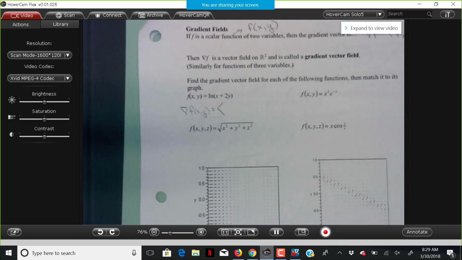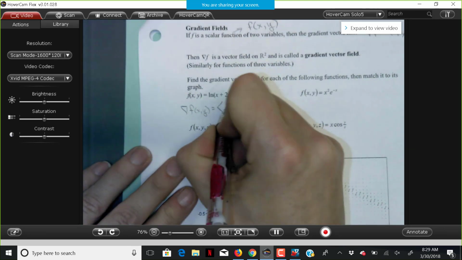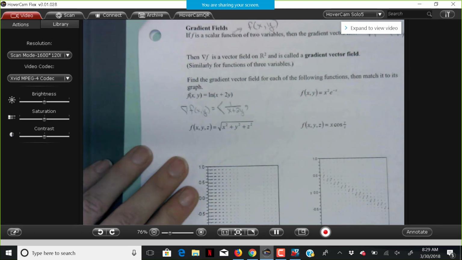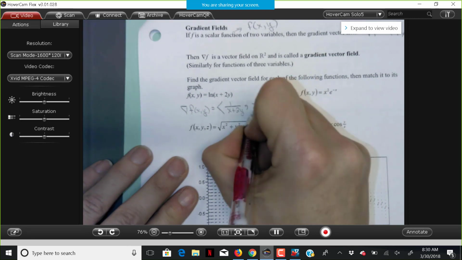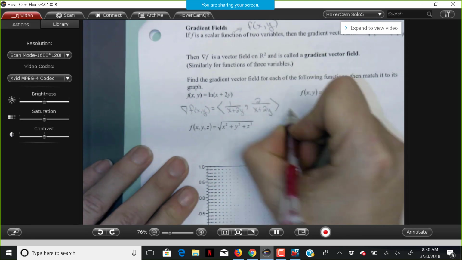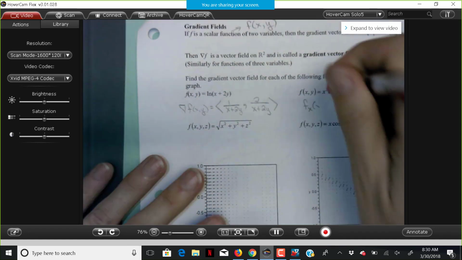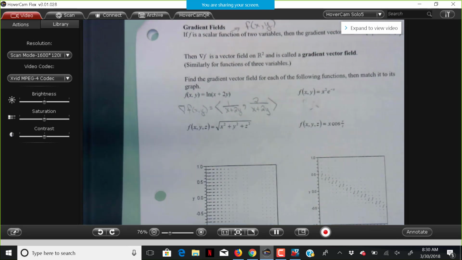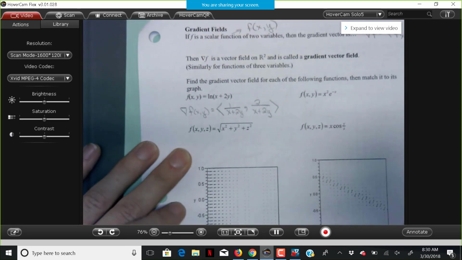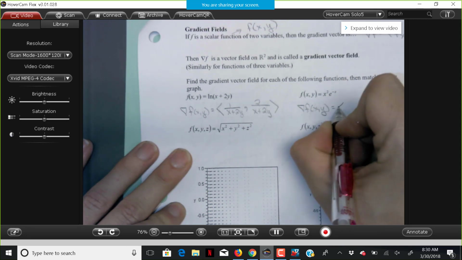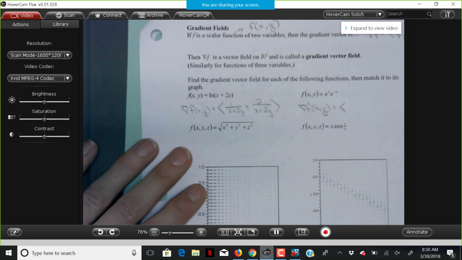For the first one, what would the first component be? 1 over x plus 2y. And what would the second component be? 2 over x plus 2y. Okay, for the second one, what do we do to find the first component?